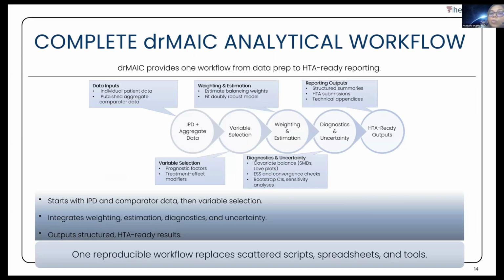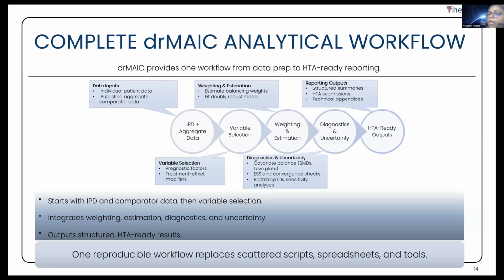So this is the end-to-end pipeline and it runs left to right across the five circles. I start with IPD plus aggregate data, move into variable selection for prognostic factors and treatment effect modifiers, then into weighting and estimation, where I calculate balancing weights and fit the doubly robust model. From there, I move into diagnostics and uncertainty, covering balance, ESS, bootstrap CIs, and sensitivity analysis.